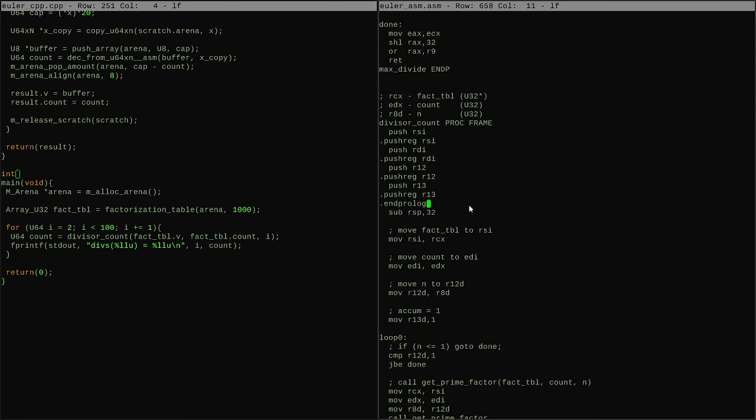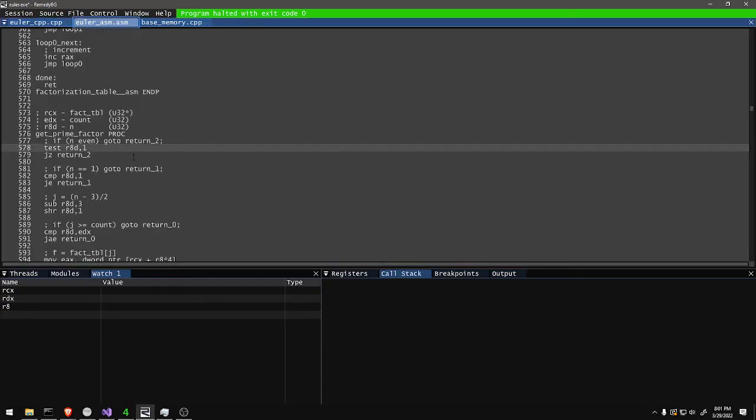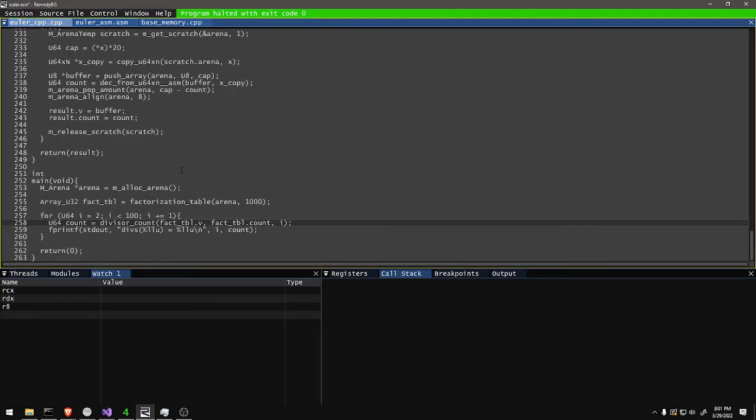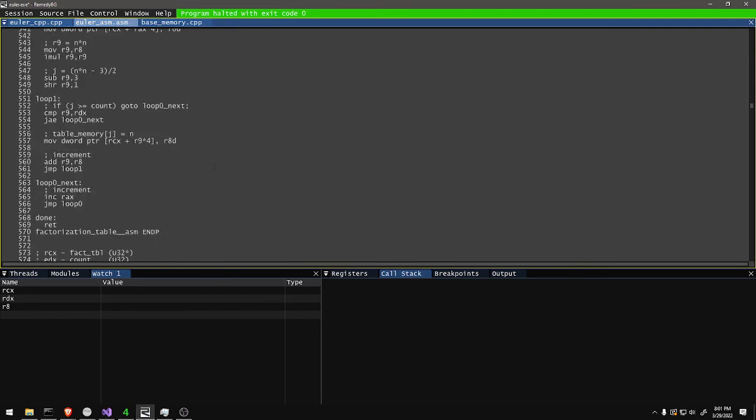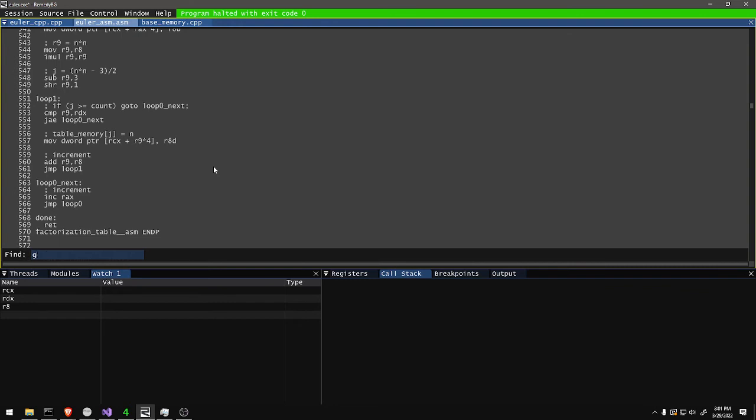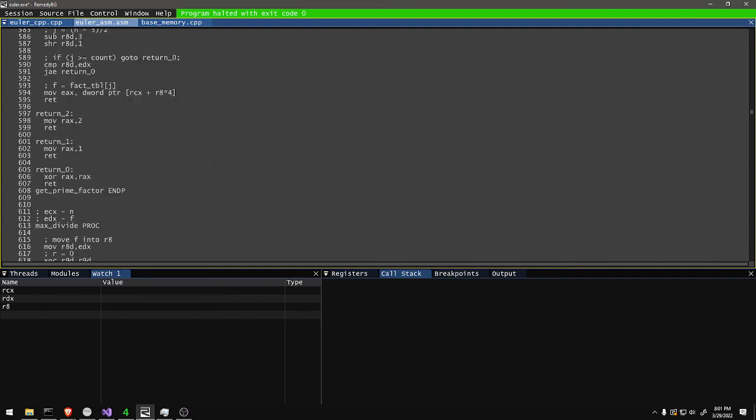Okay. So let's see if that is enough or if I'm missing more stuff. Where did divisor count? Can I see that?